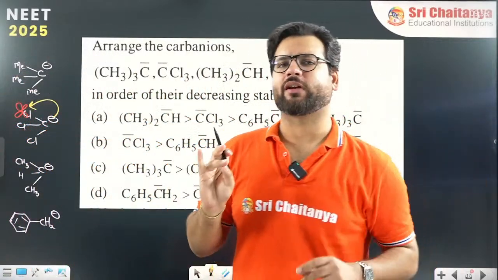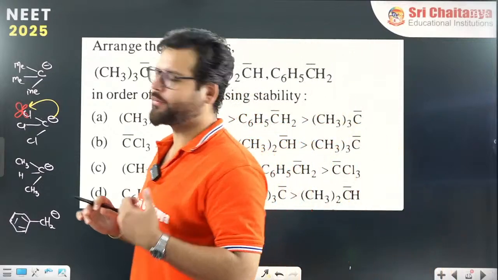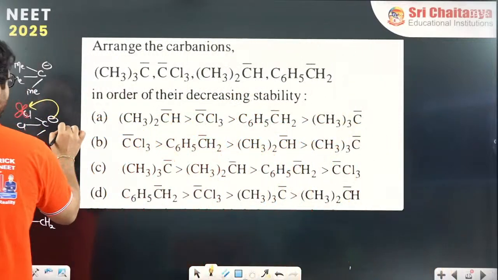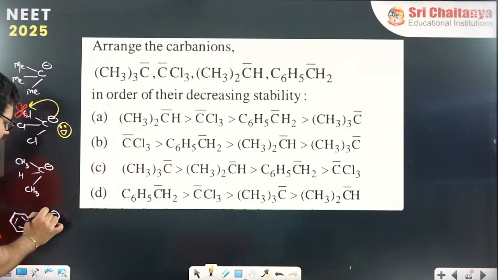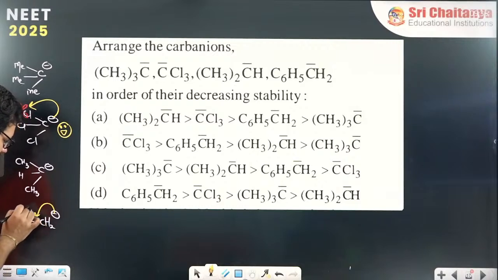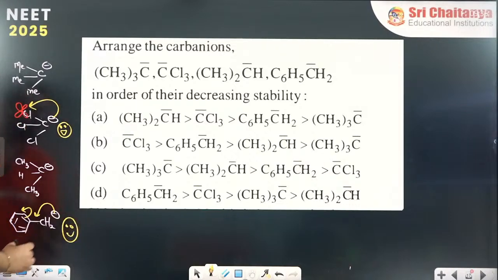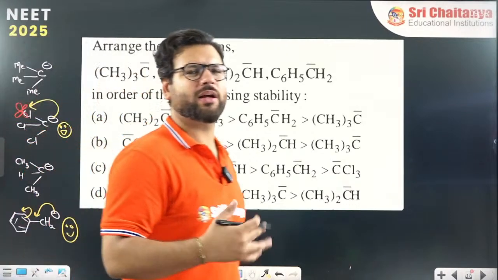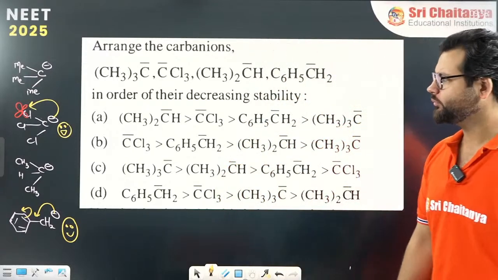Chlorine, sulfur can pull the electrons of the carbanion by minus M, making them much more stable than everything else. Here the benzene ring is also taking the electrons for resonance, but it is not as good as back bonding. Back bonding is much better than a normal carbon-carbon resonance. Chlorine will pull much better.